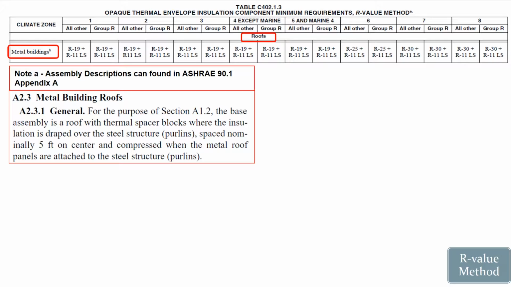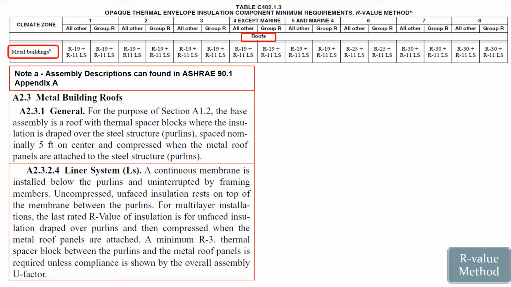The purlins are spaced nominally 5 feet on center, and the insulation is compressed when the metal roof panels are attached to the steel structure or the purlins. It's not really good code language, and we suspect this will be revised probably within the next version of 90.1 yet to be published. But hopefully you get the gist.